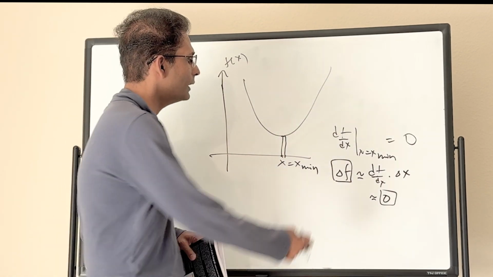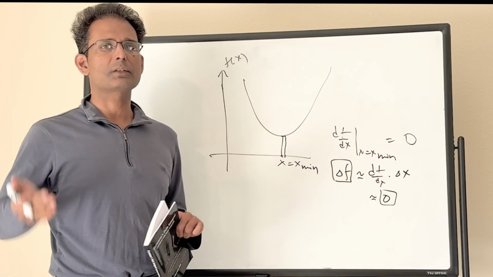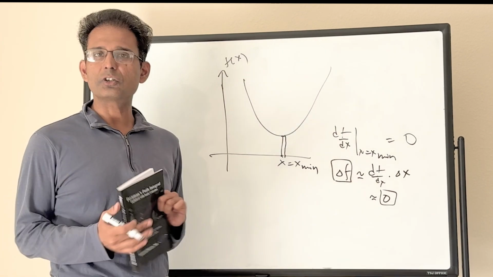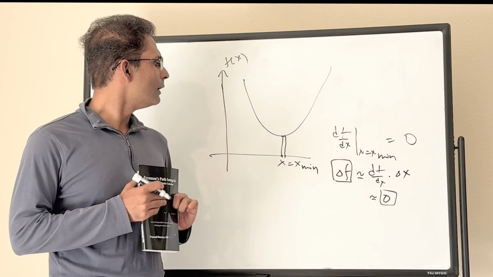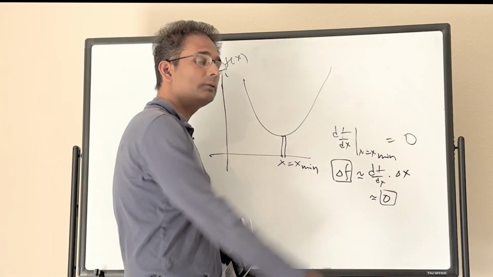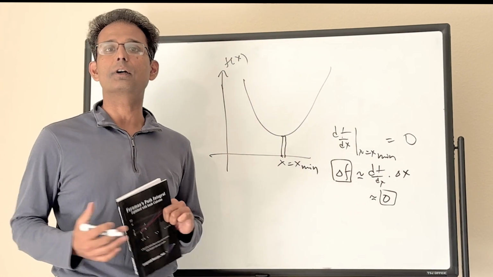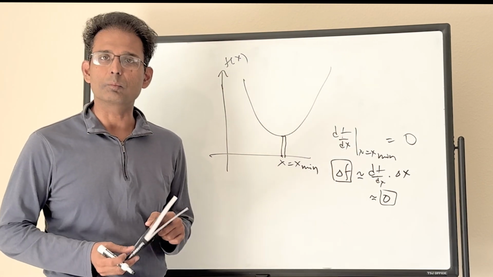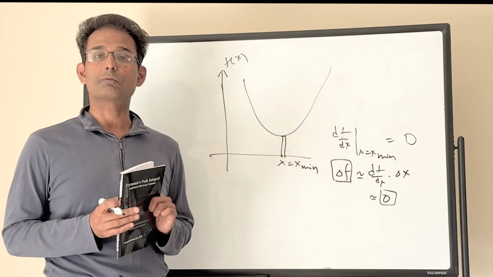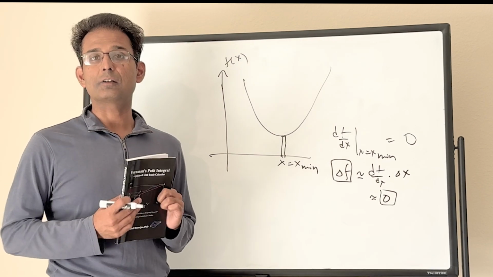That happens only at the extrema points, the minimum and the maximum. The change in the functional value is 0 to the first order of the change in the independent variable. This is going to be very important for our treatment of the variational calculus.